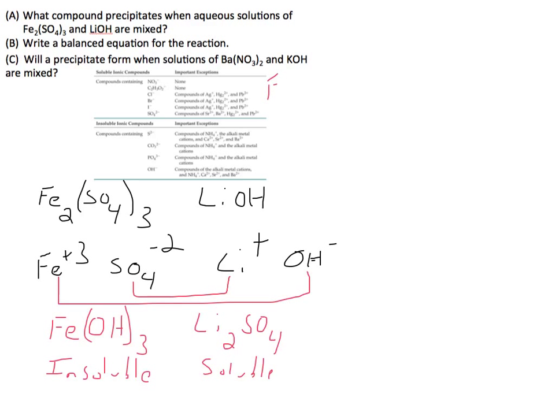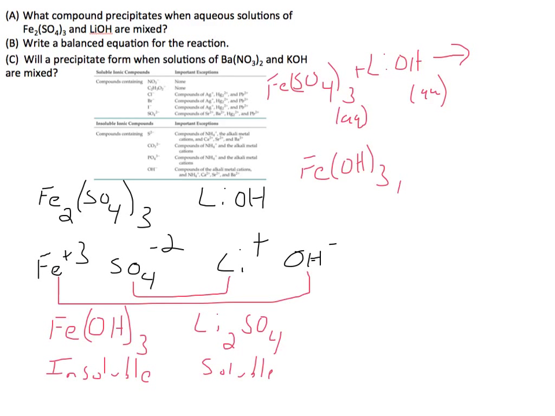Well, if we write a balanced equation for the reaction, what we find is that we have iron sulfate plus lithium hydroxide. These are both aqueous. What we're going to form is Fe(OH)3, which is going to be a solid because it's insoluble, plus lithium sulfate, Li2SO4, and that's aqueous since we said it was soluble.